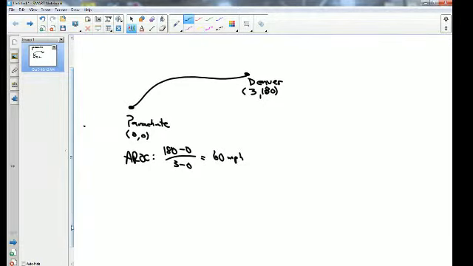Can you calculate the instantaneous rate of change at any one spot? Did I give you enough data? No. Okay, not enough data.